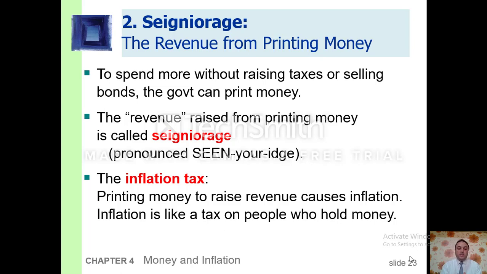Printing more money, increasing the money supply, causes inflation, so money held by people will be less valuable in the future. So this is like a tax on those people who hold money and don't spend it in transactions.